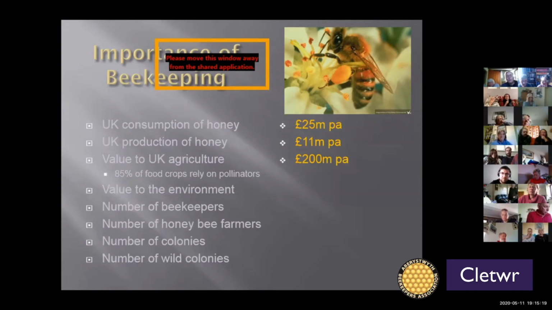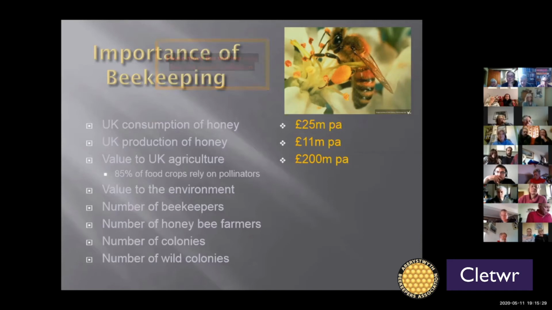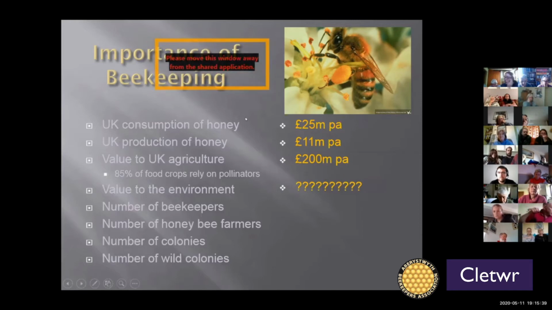The value to UK agriculture, it's a really important element of the pollination services to the agricultural sector. So, 85% of food across the region relies on pollinators. Pollinators doesn't just include honeybees, but often they're interlinked. So the honeybee is really important to that. I think it's very important to put a value on its value to the environment, because of course they don't just pollinate agricultural crops, they pollinate a whole range of other crops as well.